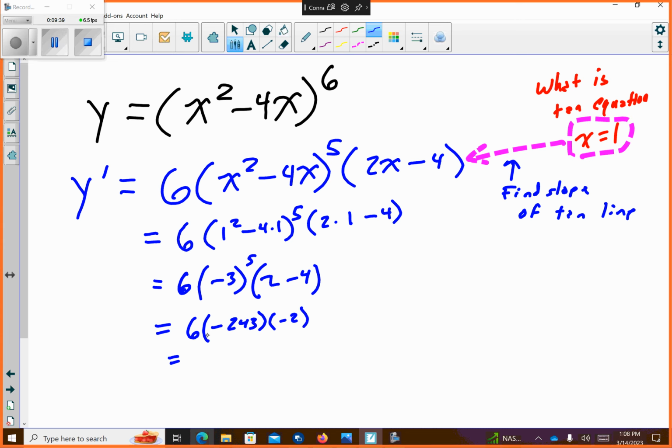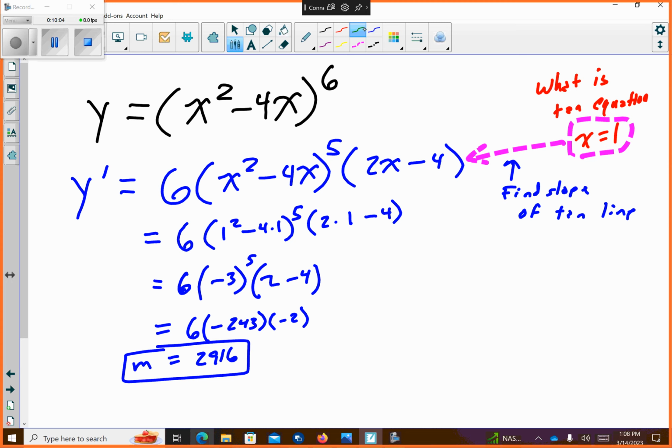What is 12 times 243? 2,916. So that's what our slope is going to be. That's pretty steep. I go up 2,916 for every one move to the right. Well, it still works.